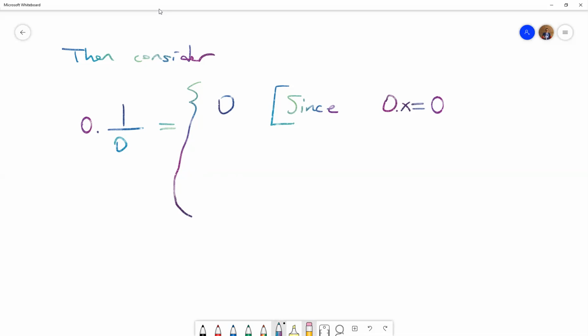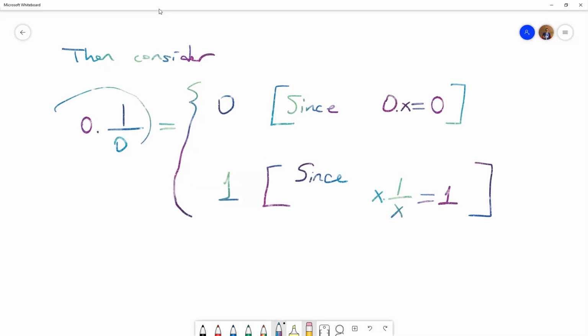We know this one. But 0 times 1 over 0 is also equal to 1. Why? Since x times 1 over x, we can divide each other, so it equals 1. So this is also true. So one expression is equal to two things. This is a contradiction.